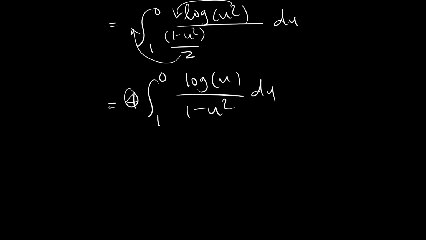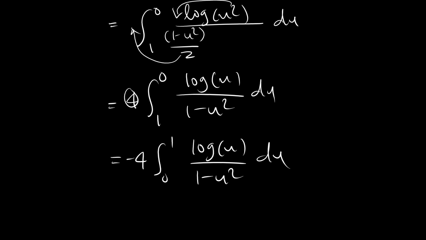Okay, so we've made progress. Now, the next thing for us is to reverse the limits. So we have negative 4, 0 to 1, natural log of u over 1 minus u squared. This is important.